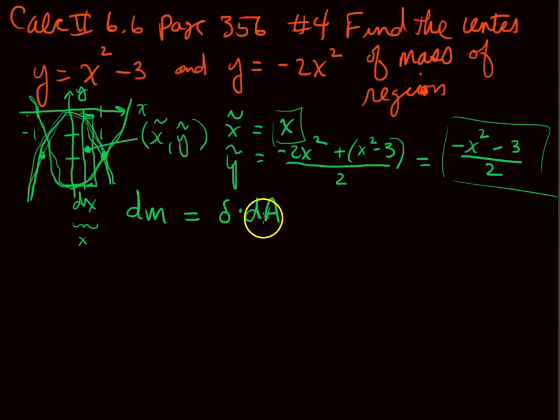It could be a function, but if we're not told that function, then we can't do anything. Delta, we don't know what that is. It's some number. If they give us the number, we can use that. If they give us a function, we can use that function. It'll be delta of x. But the area we can figure out, this strip is just the length times width.